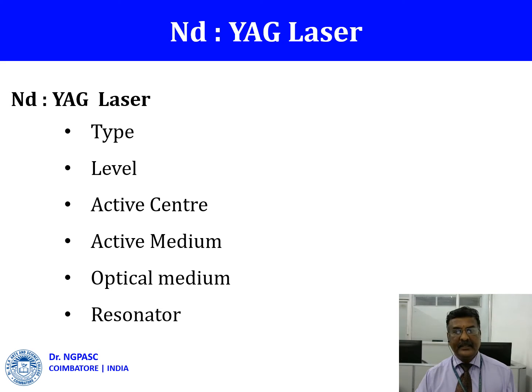The active center in the ND-YAG laser is neodymium ions. That means the yttrium ions are replaced by neodymium ions. A small percentage by weight is doped with neodymium ions, which replace the yttrium ions.